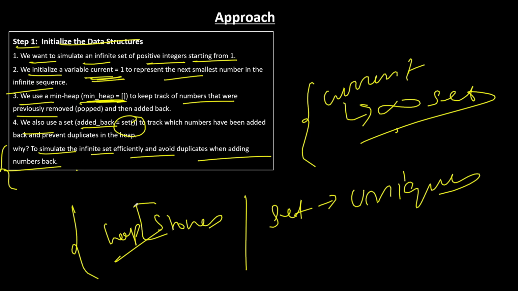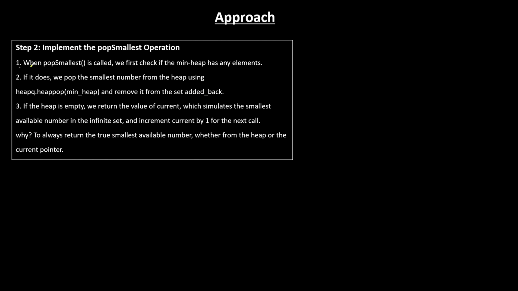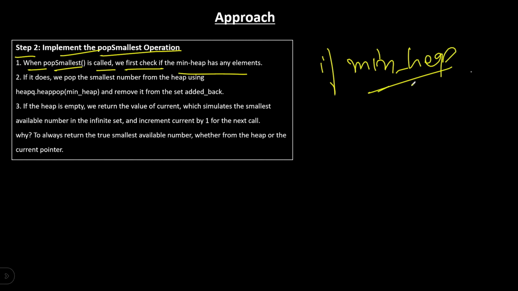Now in step two, we implement the pop smallest operation. When pop smallest is called, the first check we do is whether the min heap has any elements. If the min heap is not empty, we take a variable named smallest.